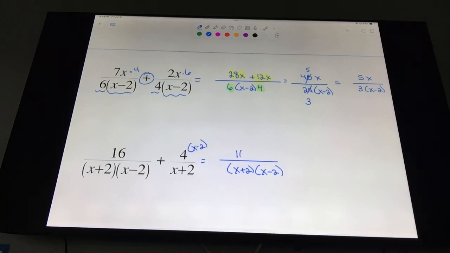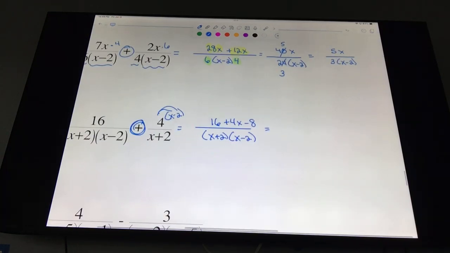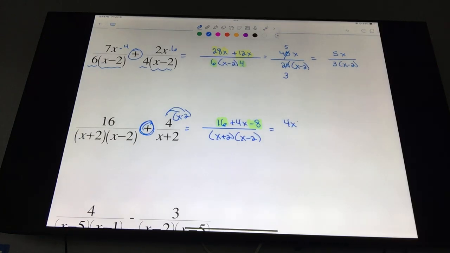So 16 comes over, plus, we're going to distribute 4 times x and 4 times minus 2. So then we're going to add, factor, reduce. So I can add the 16 minus 8 and get 8. The 4x I brought over in the front. Factor, which I can.